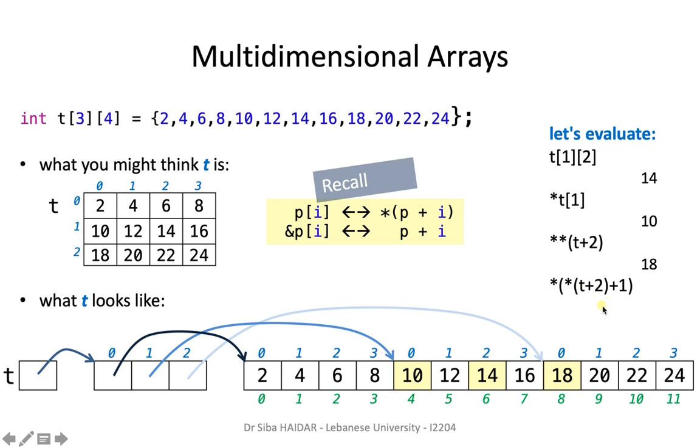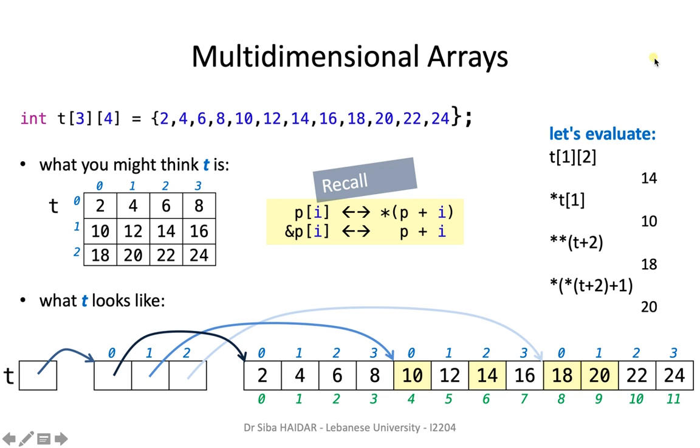This is the same as t of 2, just like before, but not of 0, of 1. So we will dereference t plus 2 to get this light arrow, and then we dereference it and add 1, and then end by dereferencing again. So this is the value 20. So this is very easy.